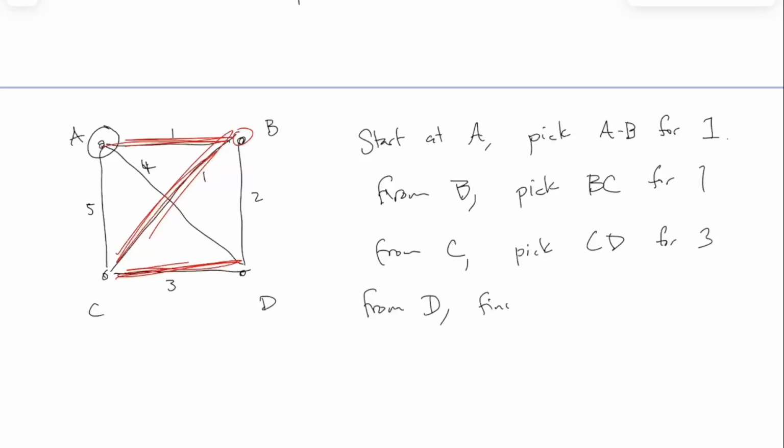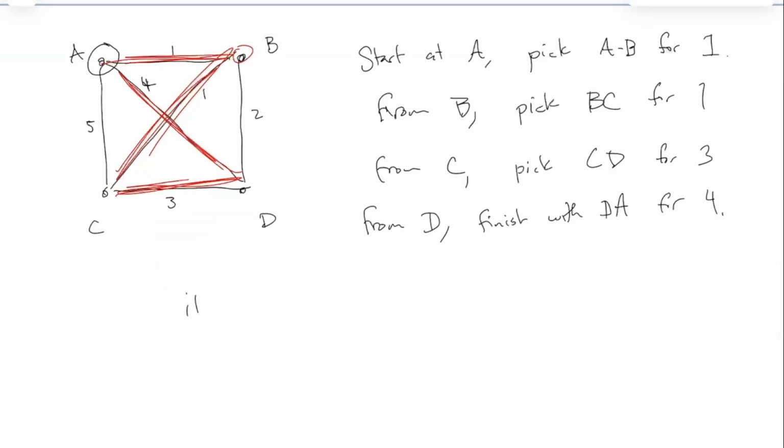We just finish with D to A for 4. So that goes back up like that. And so my final answer is A, B, C, D, A. And the total weight, if you care to count it up, you just add these numbers up: 1, 1, 3, and 4, that's 9.